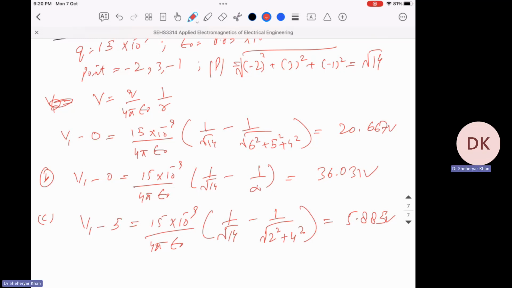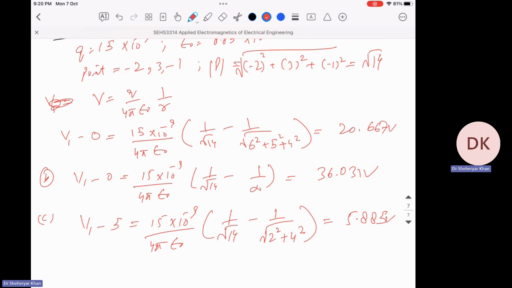So in this question, you see, charge density is given, but it's a hemisphere, right? That means you can cut one limit in half.